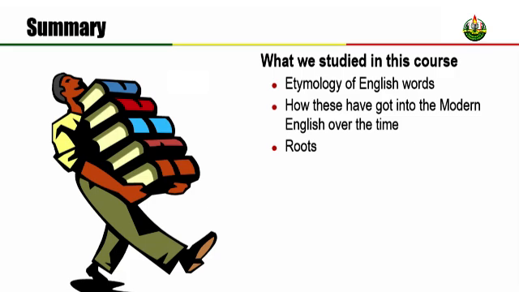In a nutshell, this lesson considers the etymology of the English language from the angle of where words come from and how they have got integrated into the modern form of the English language over time. And we don't need to carry all the dictionaries we have in a library before understanding this lesson.